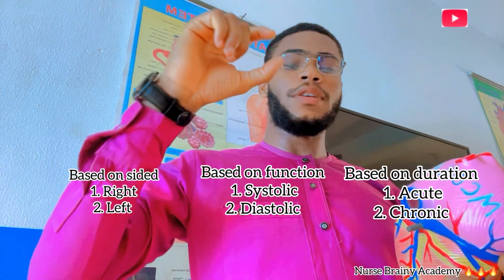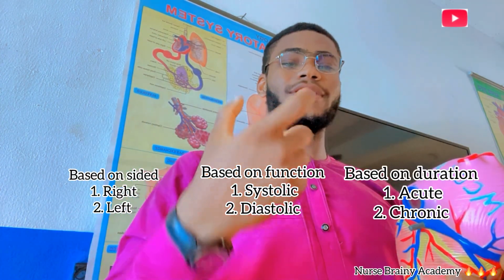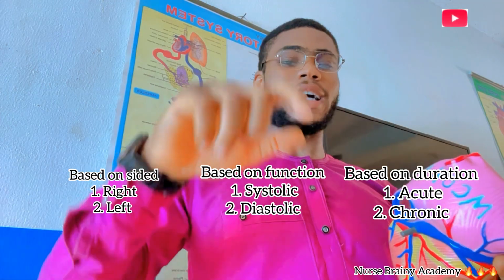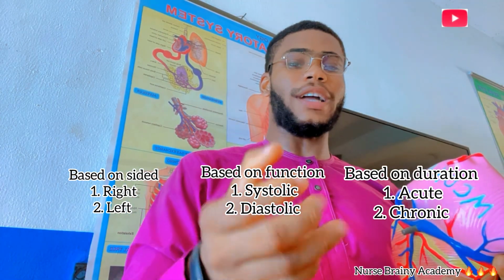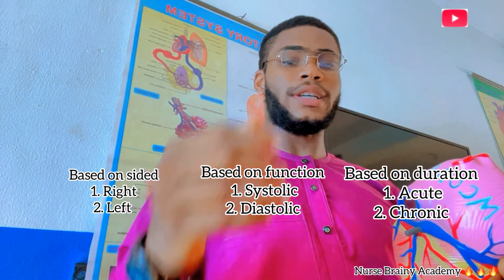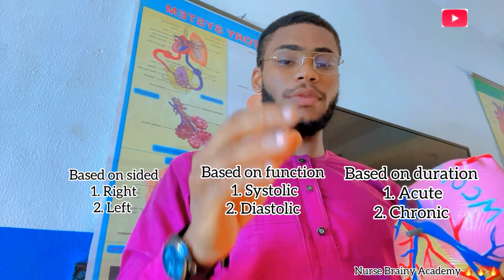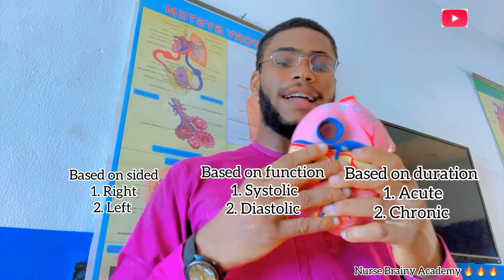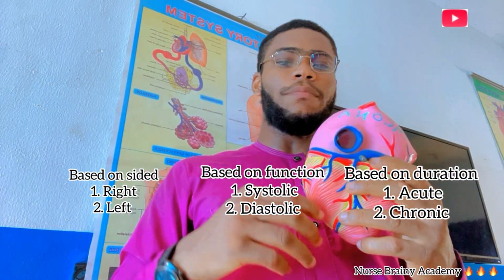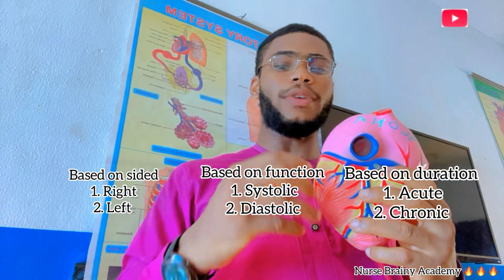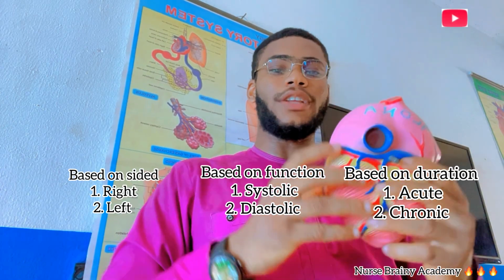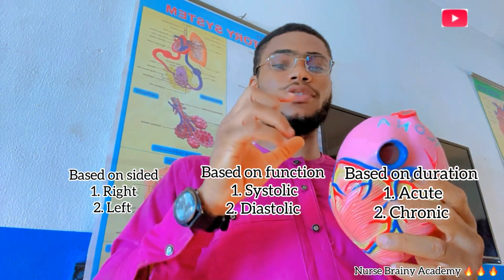Based on function, we have systolic heart failure and diastolic heart failure. Based on duration, we have acute and chronic. I come again: based on sides, we have what? Right and left-sided heart failure. Based on function, we have systolic heart failure and diastolic heart failure. Based on duration, we have acute and chronic.